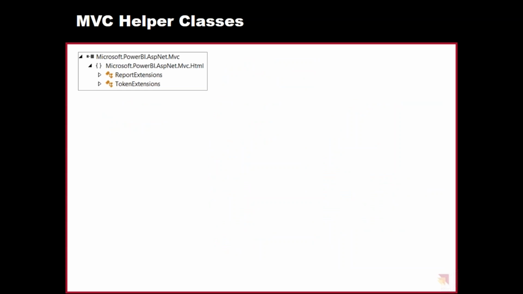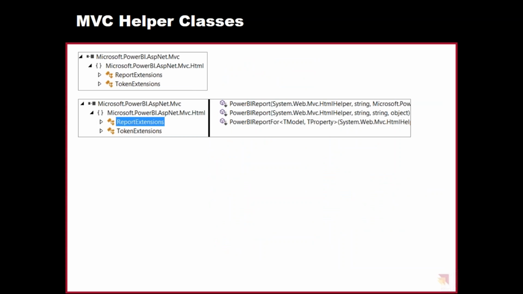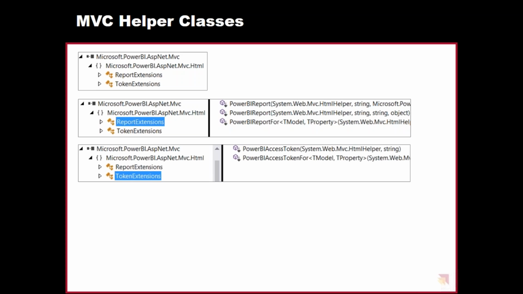Okay, now there's also some MVC Helper Classes, and there's report extensions and token extensions. So when you look at report extensions, you have things like Power BI Report and Power BI Report 4. When you look at the token extensions, you have Power BI Access Token and Power BI Access Token 4.